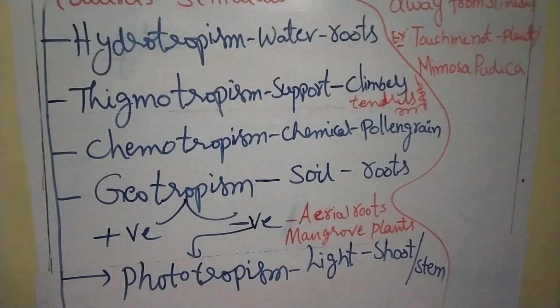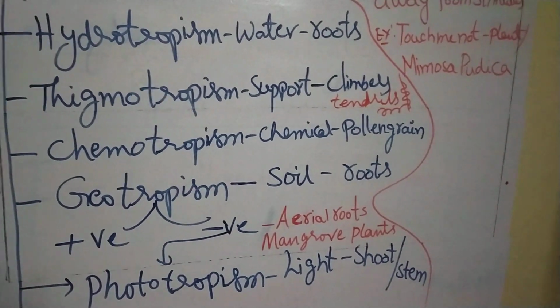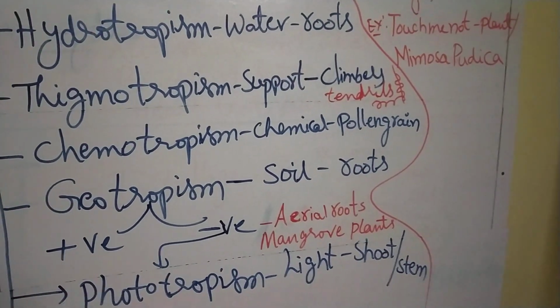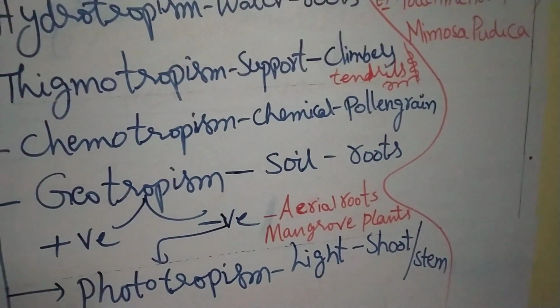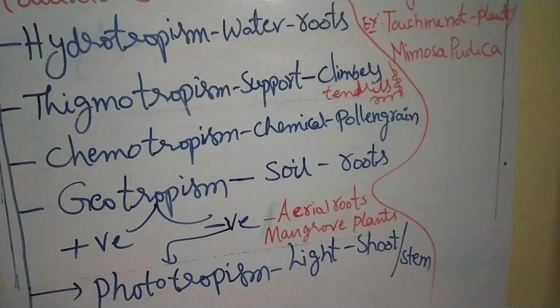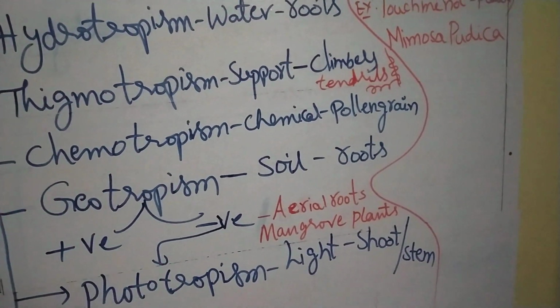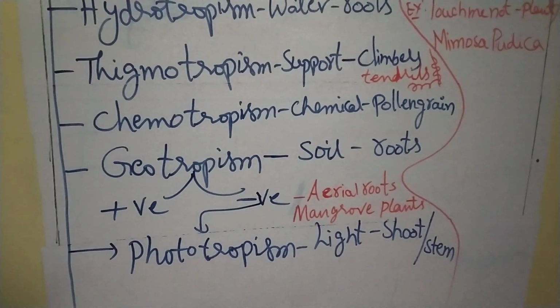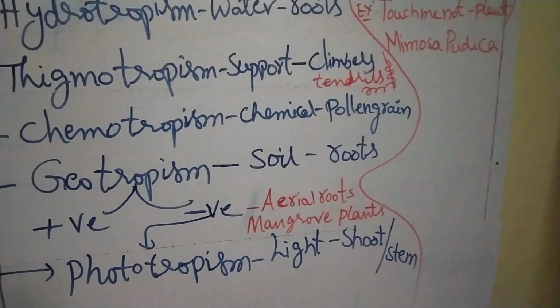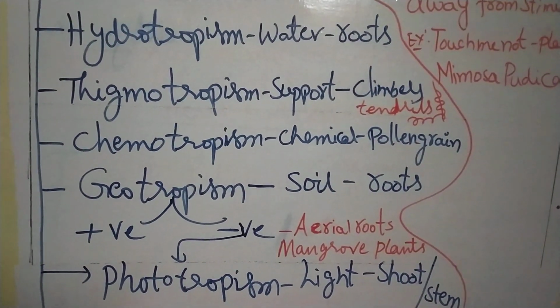Some plants grow in wet, marshy places. What type of plant is that? The mangrove plants. Because of the wetness and the low concentration of oxygen, the roots move away from the soil. Those are the aerial roots. You remember, children, or otherwise go and check the second chapter. That is positive geotropism and negative geotropism.